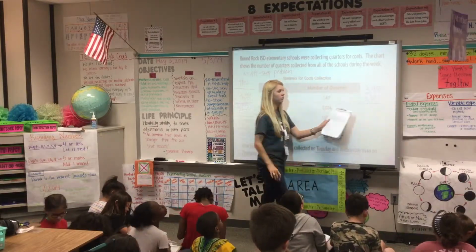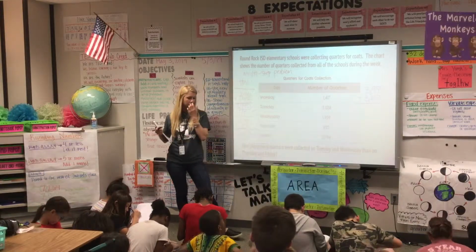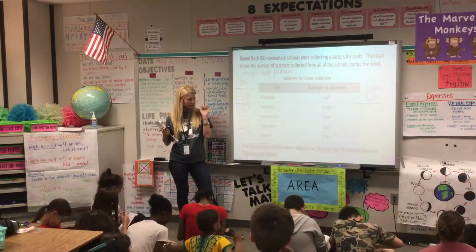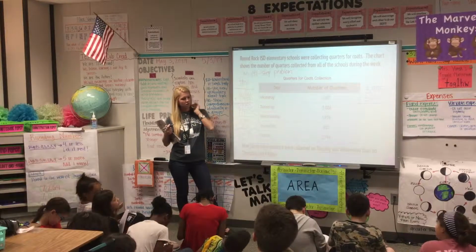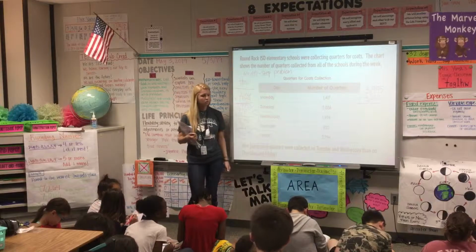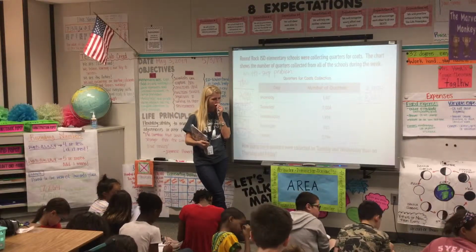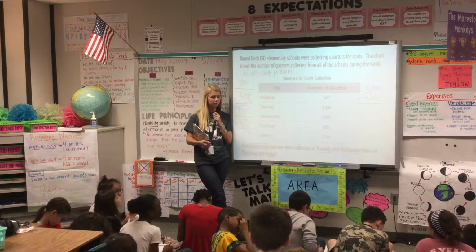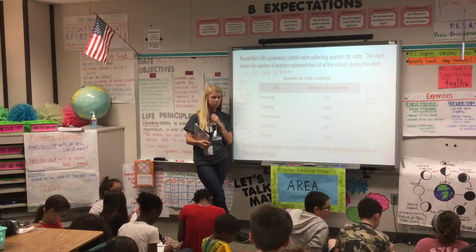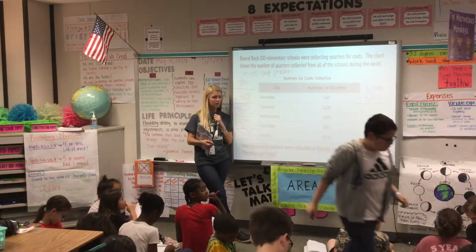Mine are a little wonky. Just make sure you use your place value correctly. The board makes them look a little bit, the marker's a little bit off the line. Give you about a minute.